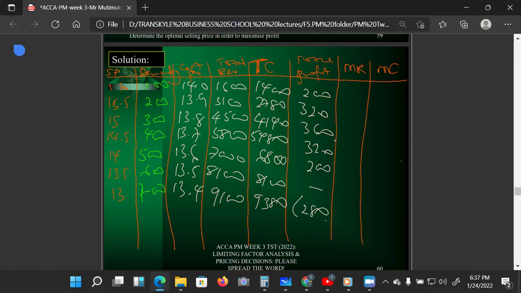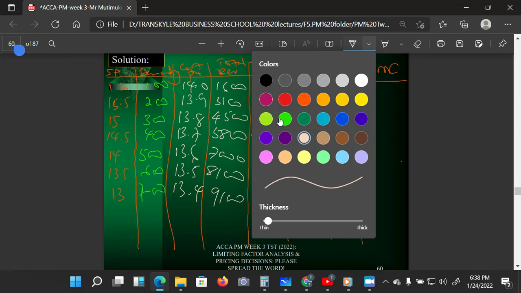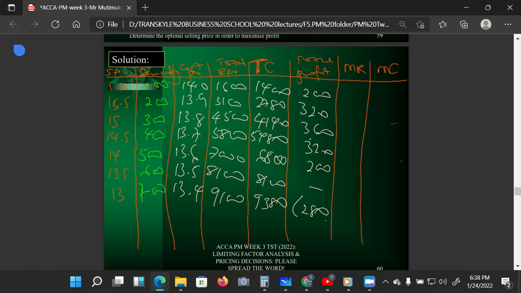So you can see that based on these computations, the profit maximizing selling price should be 15, because it leads us to higher profits of 360.